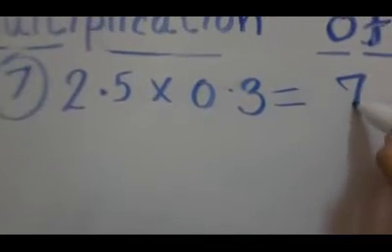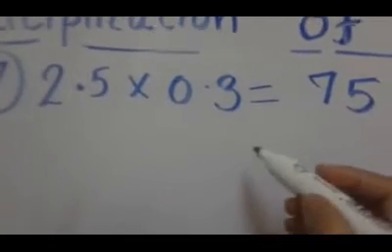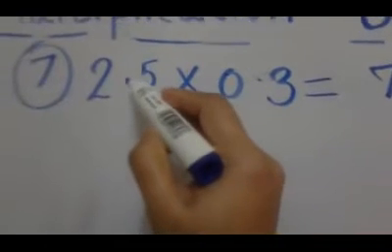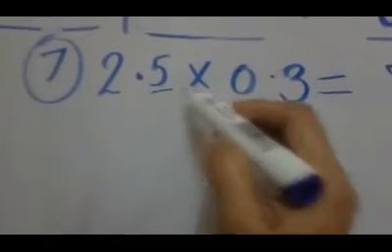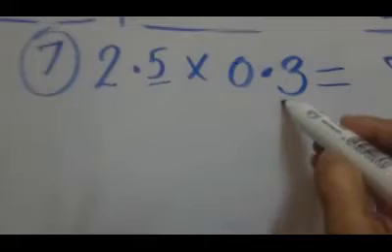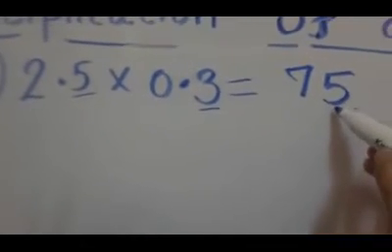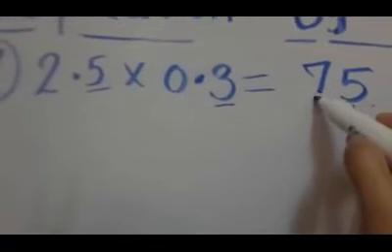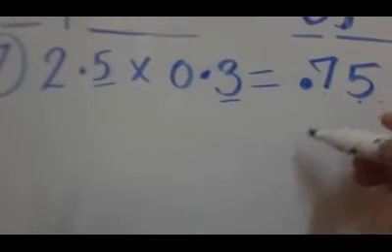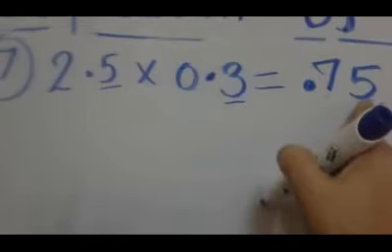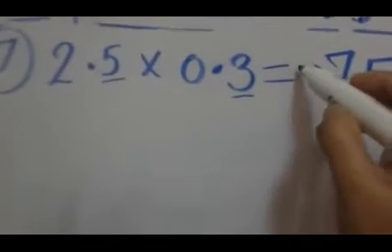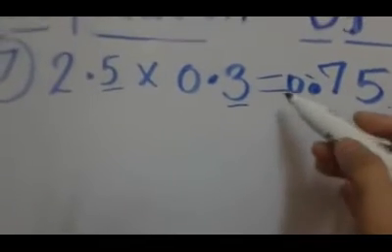It is 75. After this you have to count. After the decimal, here 1 place. Again after the decimal, here 1 place. Total 1 plus 1, 2 places. So from here you have to count 1, 2 places, and put the decimal. So the answer is 0.75. If you want, you can write 0 here, 0.75.